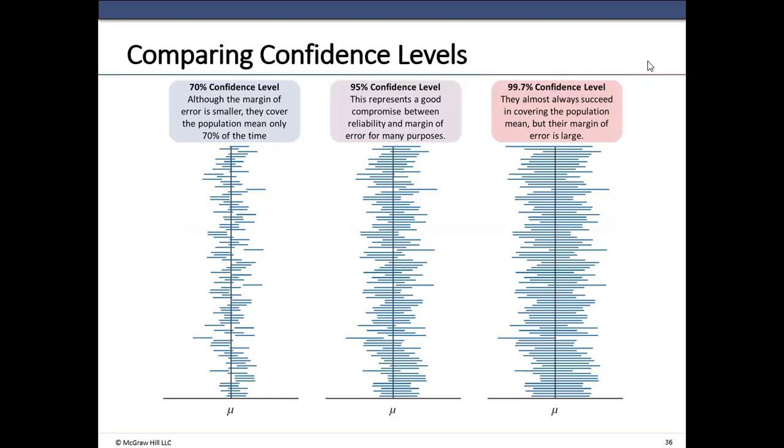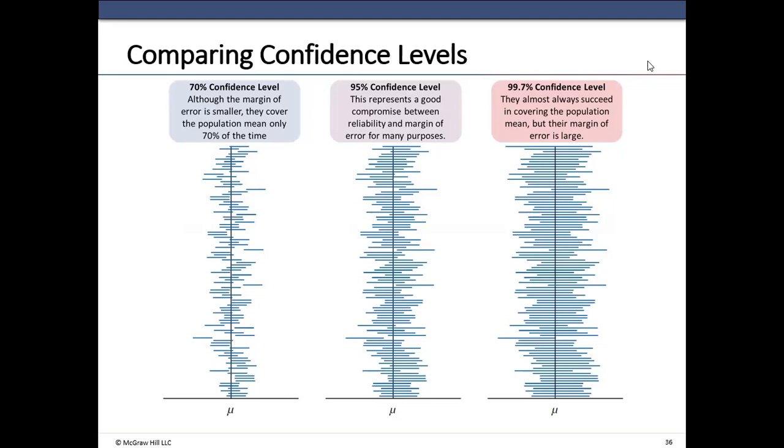This is not good. Now look at the extreme end, 99.7% confidence level. If you have 1000 intervals, 997 intervals will intersect. The blue horizontal lines will intersect the black vertical line, which is the population mean.